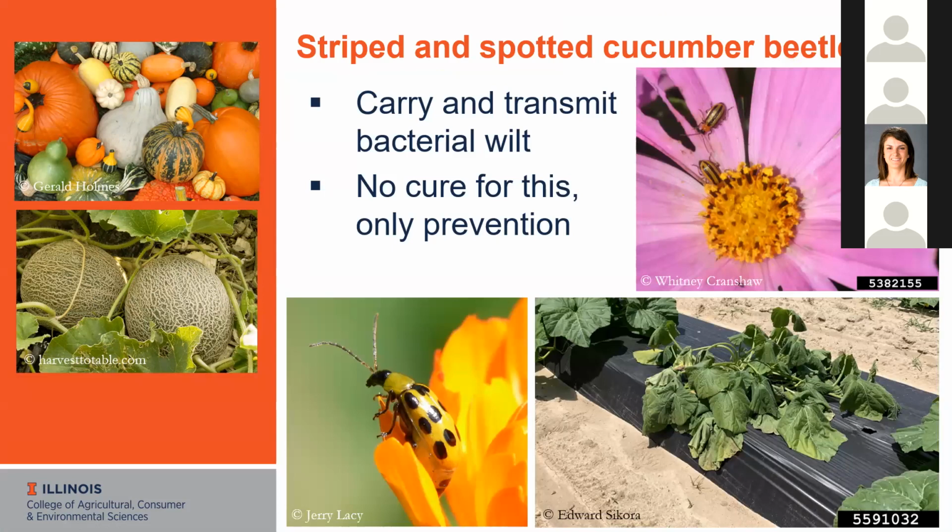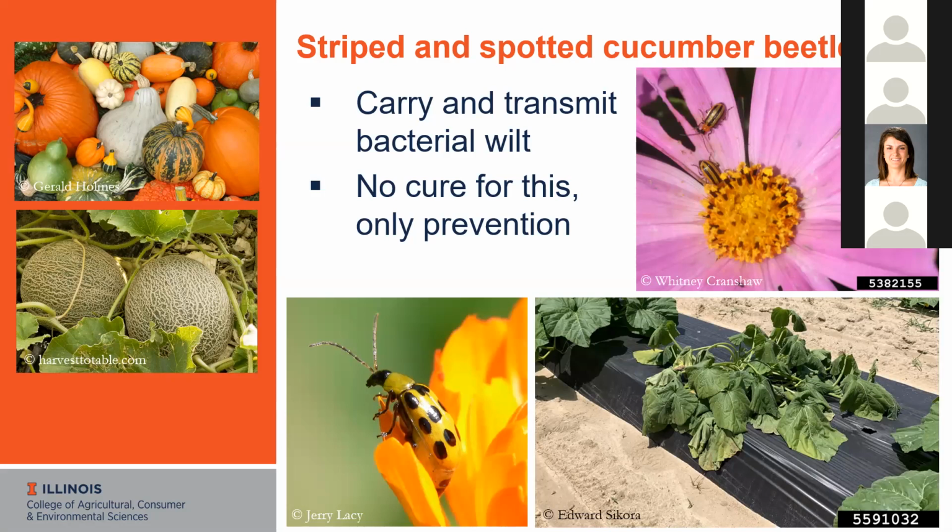And in cucurbit production, generally, insecticide applications are usually required from transplantation to control striped and spotted cucumber beetles. And that is because these pests carry and transmit bacterial wilt, which across the cucurbit growing regions is probably one of the most devastating diseases of cucurbits, especially spread by insects.